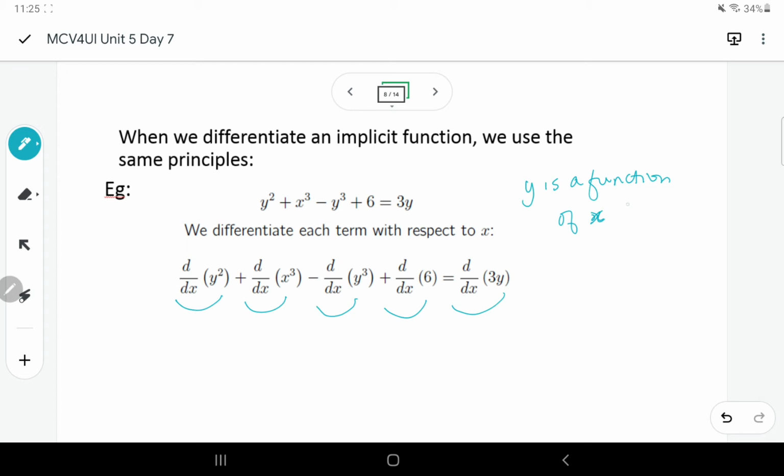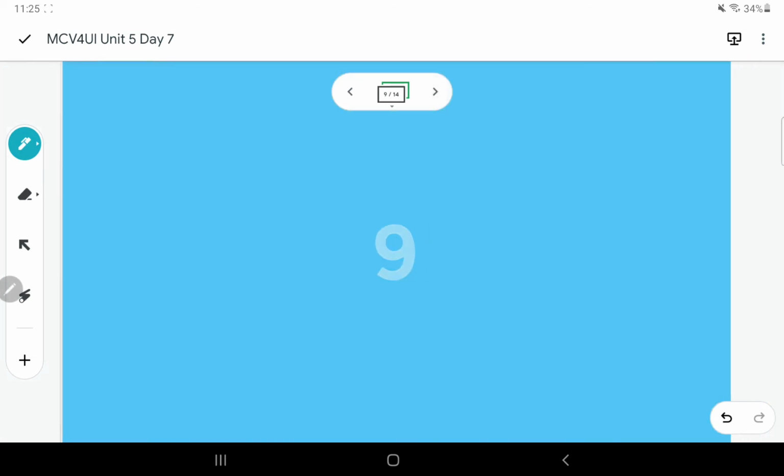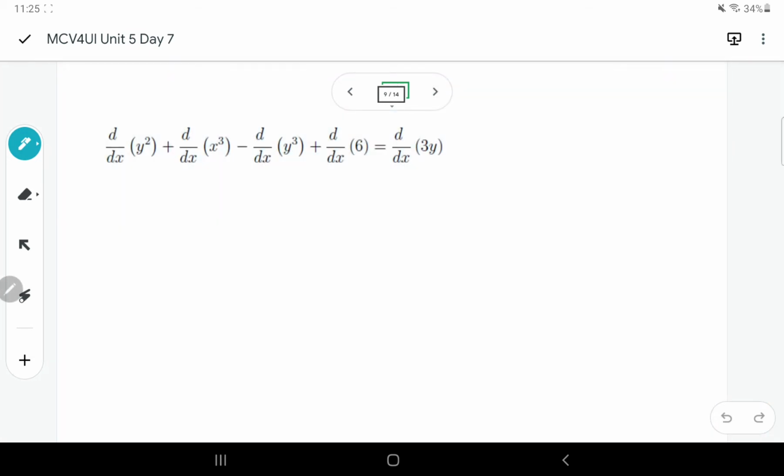So we're going to have to include a dy/dx when we take the derivative of that outer function involving y, just like we had to multiply by du/dx.